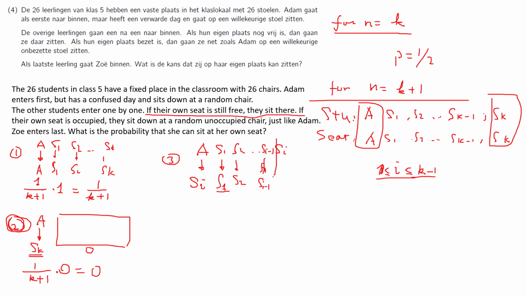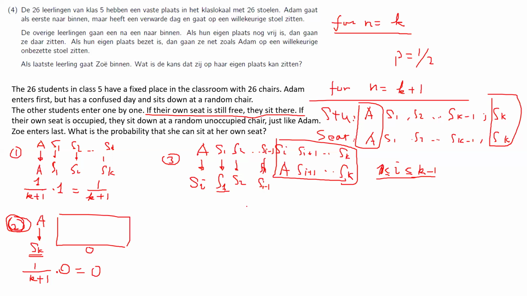And for the rest, S(i plus 1) till Sk, in this case seat A is still free. So we say A is I plus 1 dot dot dot till Sk. Now we have to calculate the probability that SK is able to sit on her own seat.